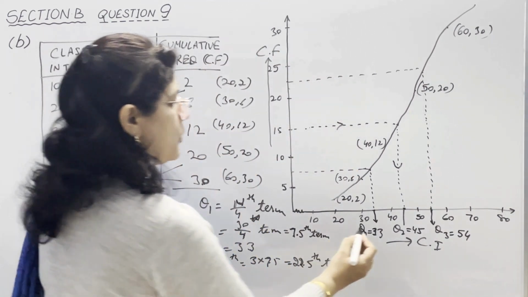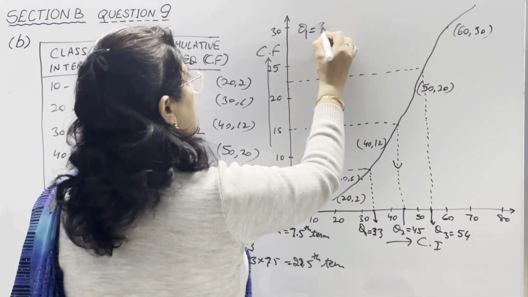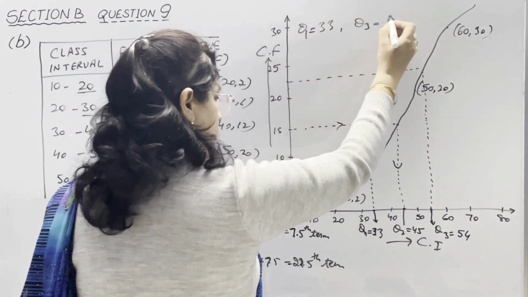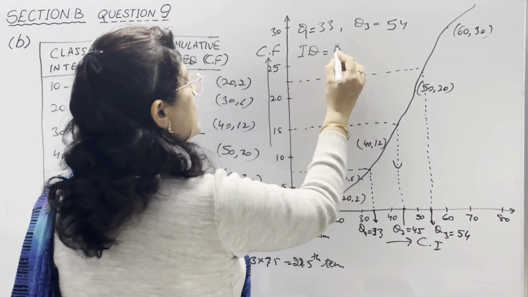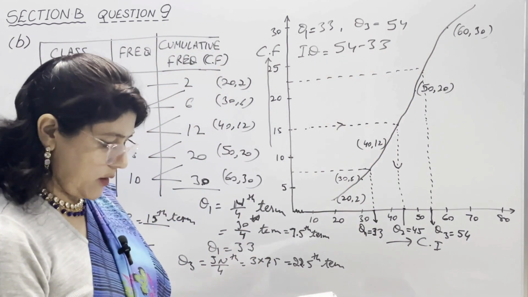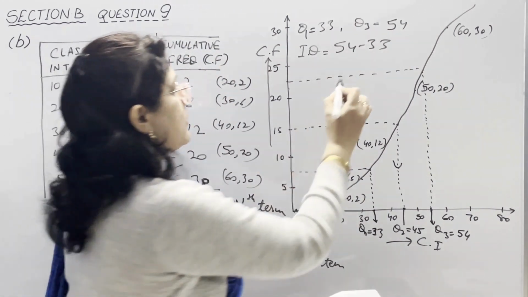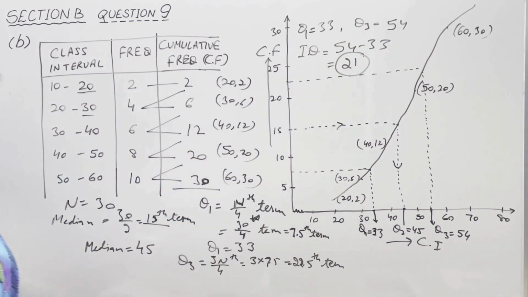So our Q1, Q2 and Q3. Value of Q1 is 33 and Q3 is 54. So interquartile range IQ is equal to 54 minus 33. Interquartile range will come as 21 and median is 45.